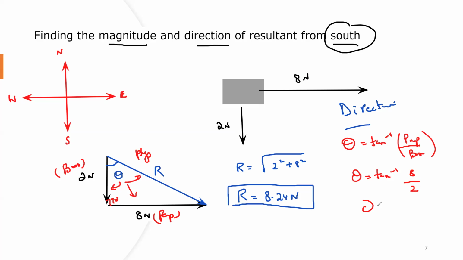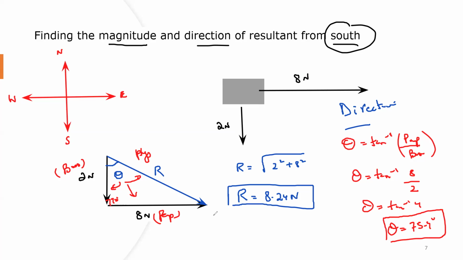So theta equals tan inverse of 4. Press shift tan inverse, and I'm getting 75.96. So theta equals 75.96. This is the angle, or the direction.